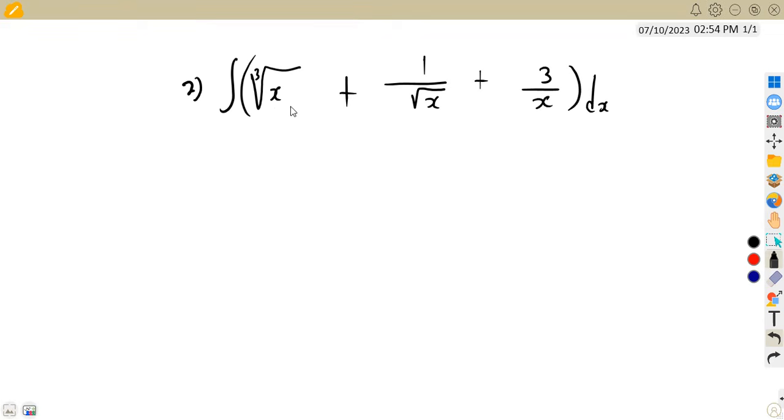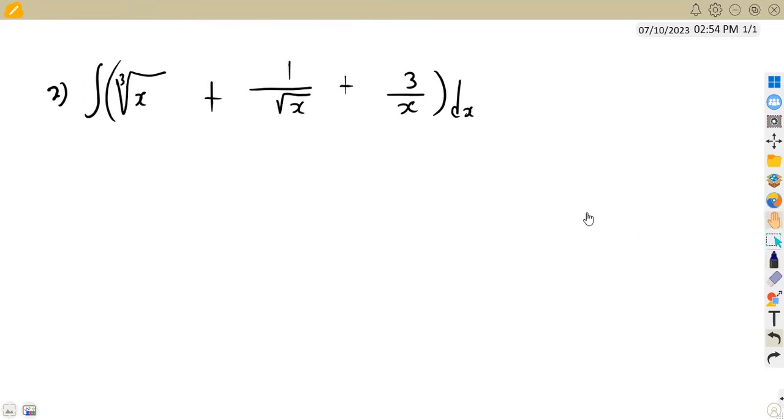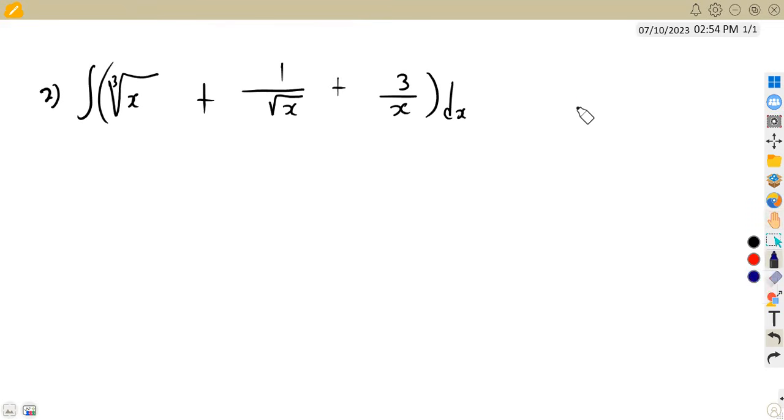We've got the cube root of x, which is taken from our laws of exponents. Remember from our laws of exponents that if x is raised to the exponent of a over b, this gives us the bth root of x raised to the exponent of a. So b is in the root sign, and a is the exponent, which here is 1.